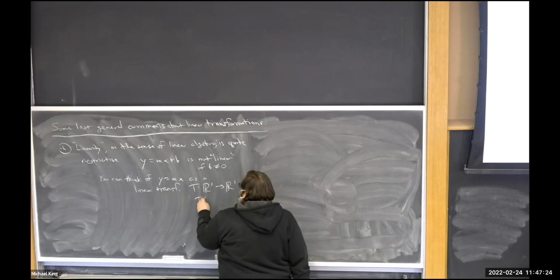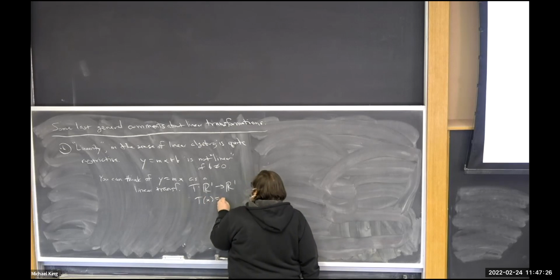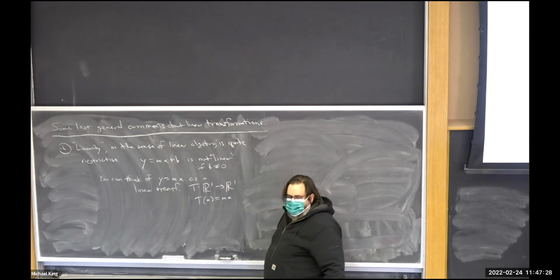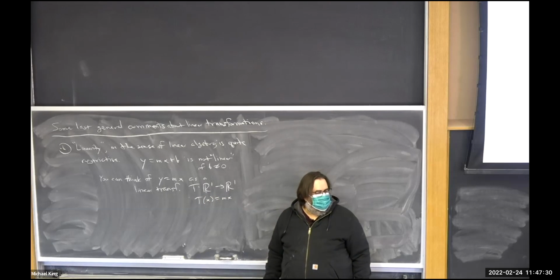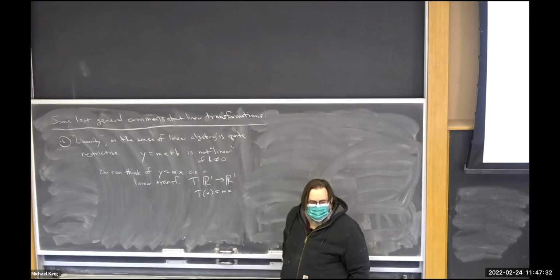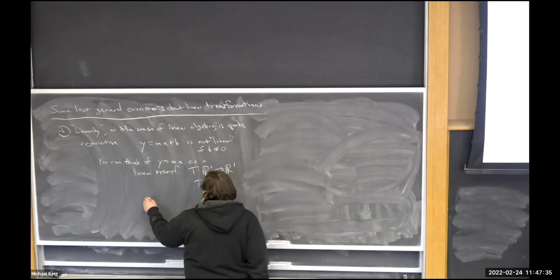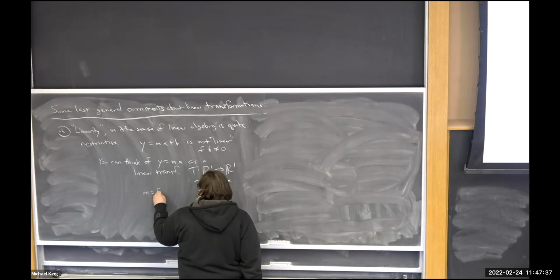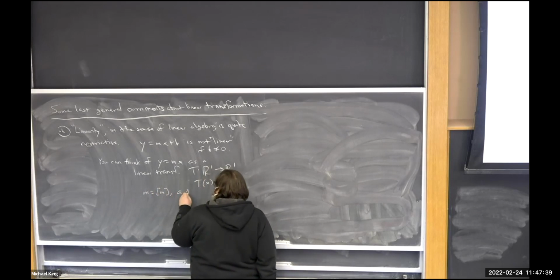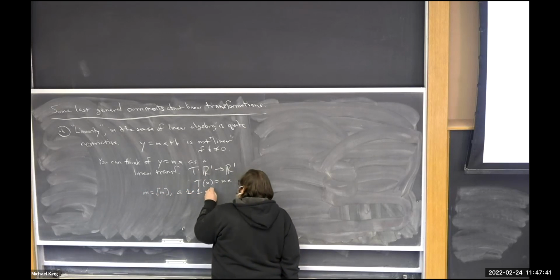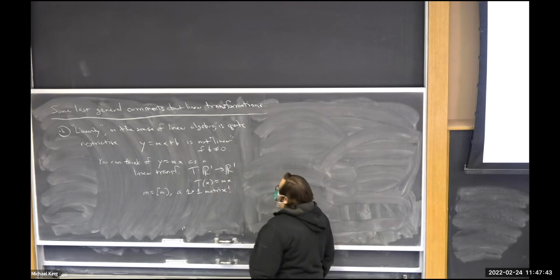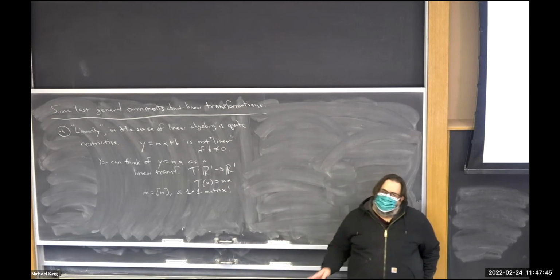So T of x is mx. And so M is like a 1-by-1 matrix. Kind of a goofy thing to think about, but you can think of M as a 1-by-1 matrix. But that's the thing, you can't do the plus b directly as a matrix.